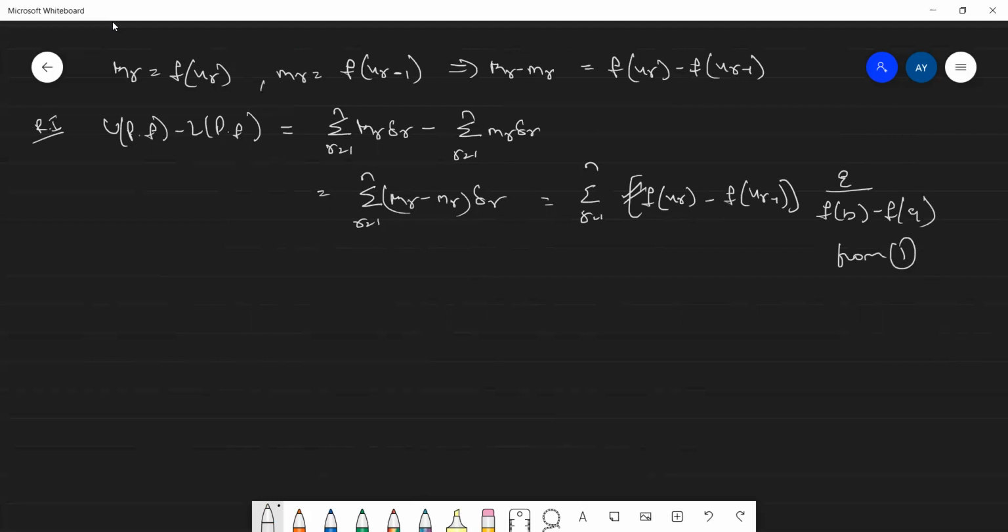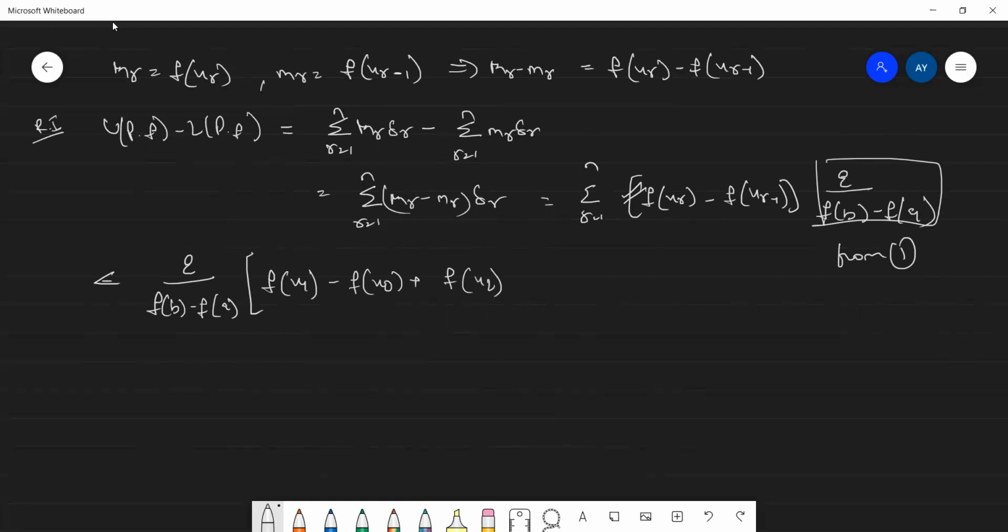Okay, now we will define this one. So how will you define? Strictly, as this is without r, I'm writing it out: epsilon by f of b minus f of a into [f of x1 minus f of x0 plus f of x2 minus f of x1 plus so on up to f of xn minus f of x_{n-1}]. Till here you have to write.